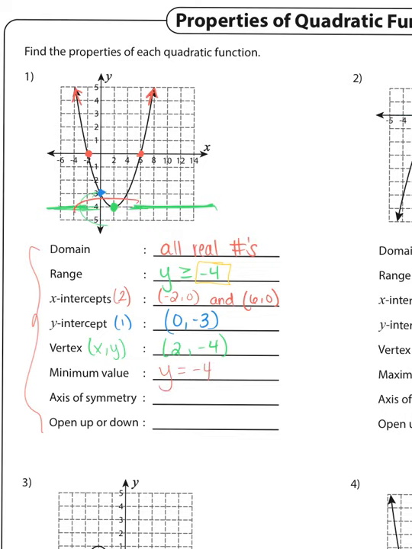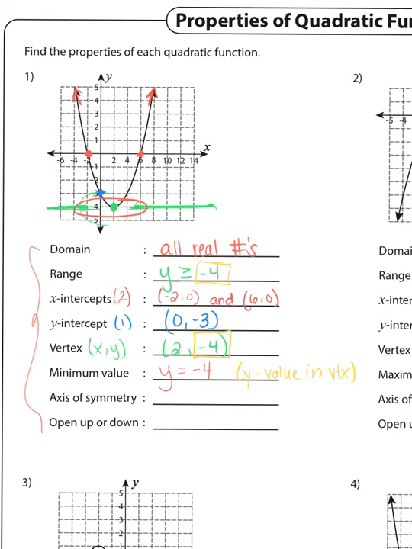Because it's whatever point is the last on our y-axis, okay? Whatever is the last possible point. So in this case, we can notice that our minimum value is the y value in our vertex. Okay, so this is a good thing to remember: y value in vertex. Okay?